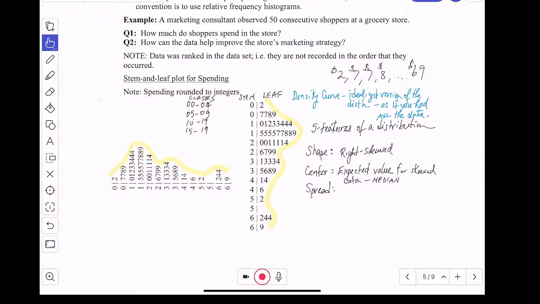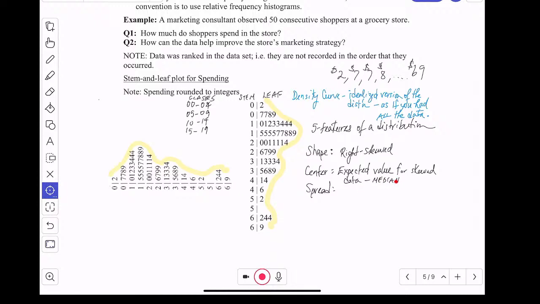So we left off looking at this, identifying the 5 features of the distribution, and we talked about the shape, and the shape informs the center, and it also informs the spread of the distribution. And we're going to talk about spread, measures of variation, because the median is not enough.